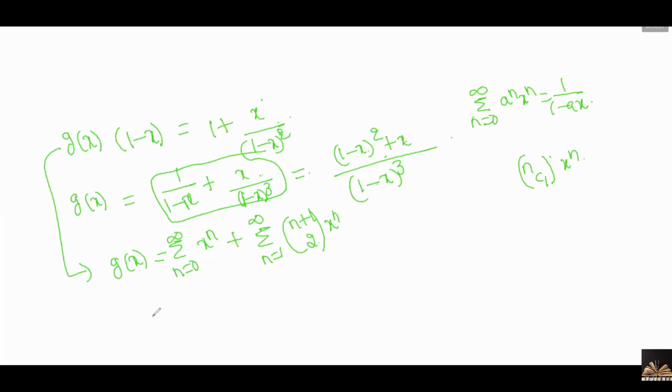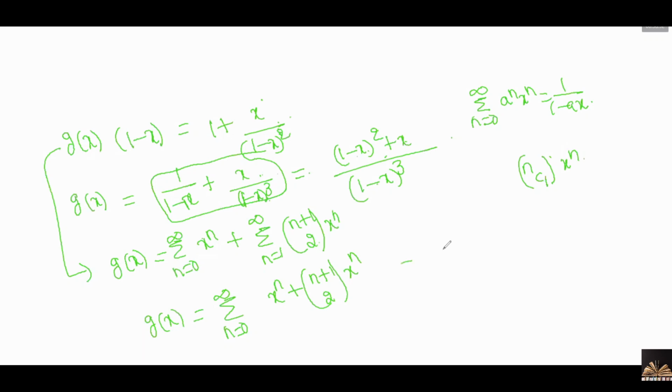Now this can be written as g of x is equal to, you take a summation as n equal to 0 to infinity x power n, take this x power n as common. When I am writing in this form, it means n plus 1 choose 2, or we can call it n plus 1 c2 into x power n.